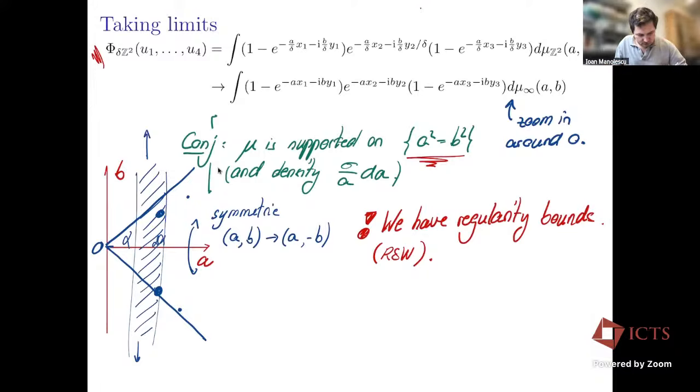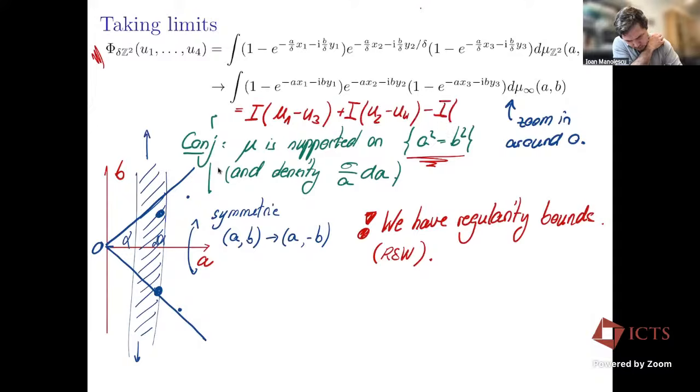If you look at this function, you will notice that it writes like I of x1 minus x3 plus I of x2 minus x4. Sorry, not x, y, u: u1 minus u3 plus I of u2 minus u4, minus I of u1 minus u4, minus I of u2 minus u3.